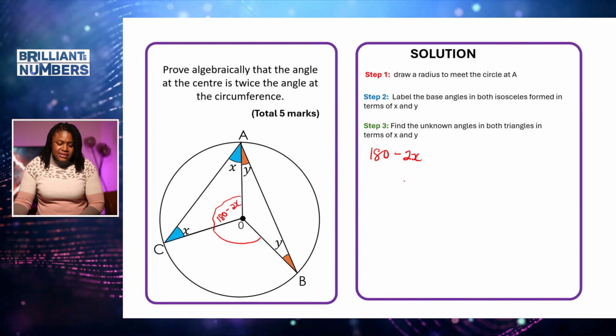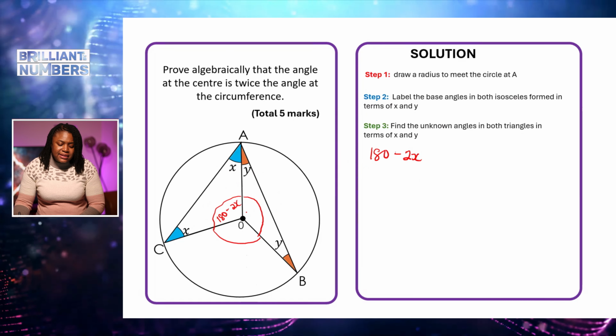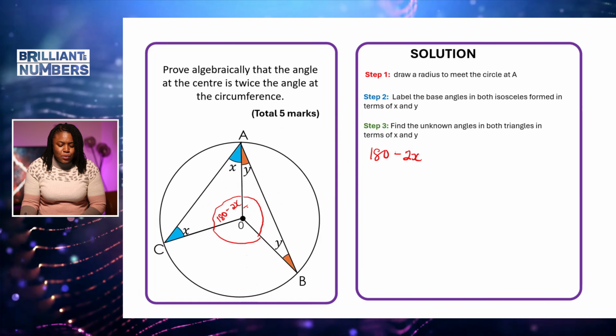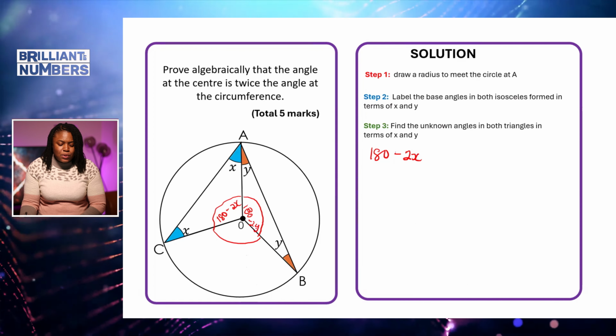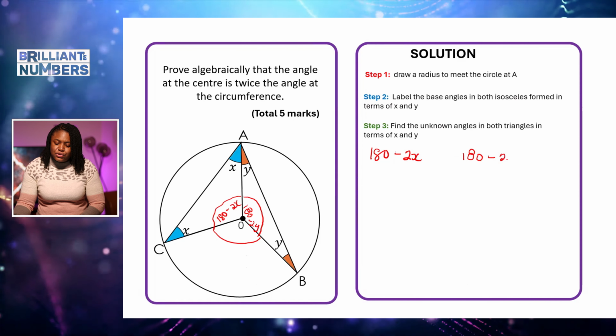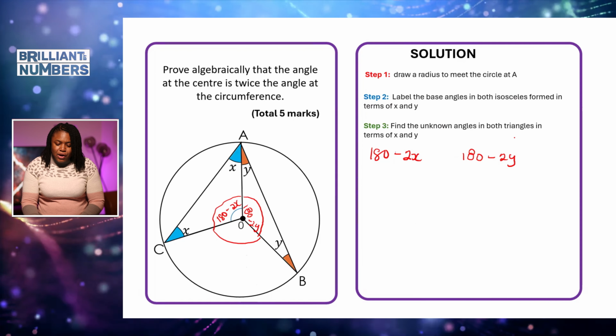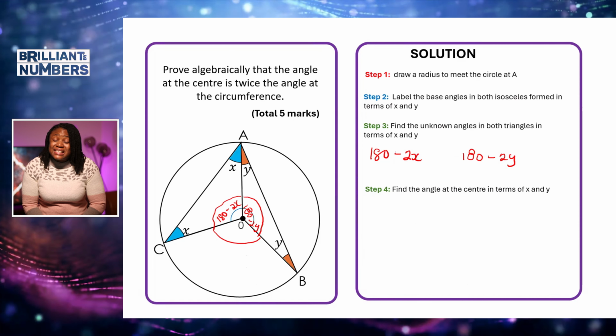And you can reason that the other angle here would be 180 minus 2y. So I'm just going to write that here, 180 take away 2y.